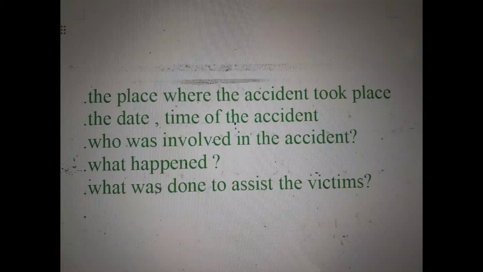So which are some of the things that you can speak about? Suppose where the accident took place. The dates. The time. The people, the parties who were involved. Who was involved in the accident? You can mention that. Where exactly did it take place?